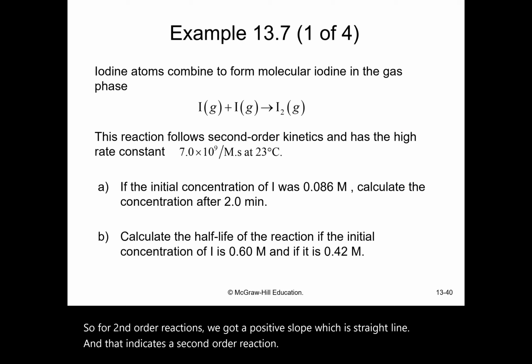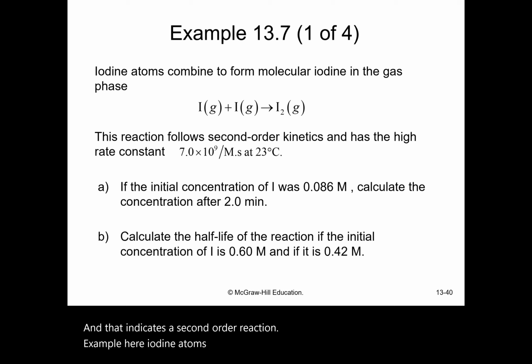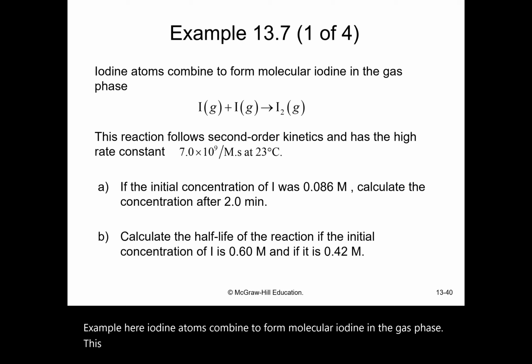Example here: iodine atoms combine to form molecular iodine in the gas phase. This reaction follows second order kinetics and has the high rate constant 7.0 times 10 to the 9th at 20 degrees Celsius.